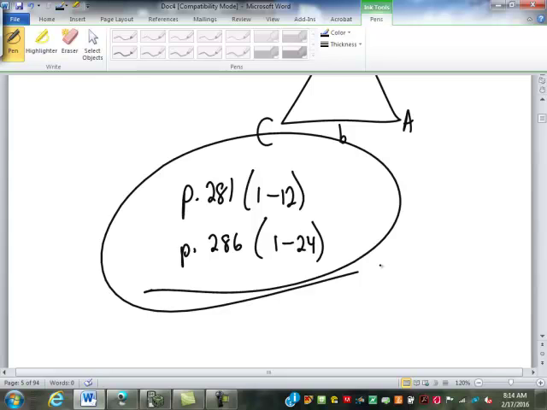I believe that packet goes up to page 286, doesn't it? Okay. Those are just kind of vocabulary things. Is it 284 where your packet ends? So I do have to give you the next one, okay? I don't know why I'm grabbing a handful. Really don't need that.